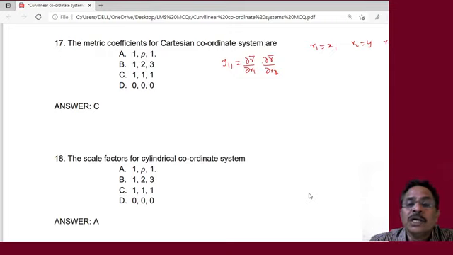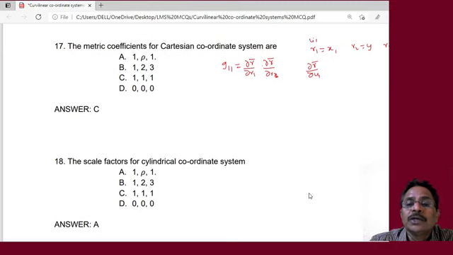Some books use ∂r̄/∂u1, so u1 is equal to x, u2 is equal to y, and u3 is equal to z. So either you can take r1, r2, r3, or you can take u1, u2, u3. But here this is nothing but ∂r̄/∂x as per the definition of the book.